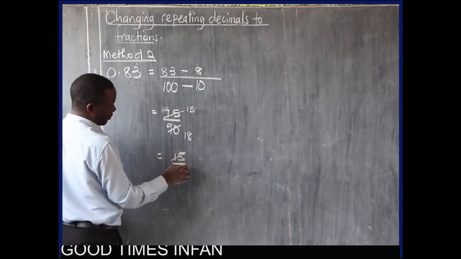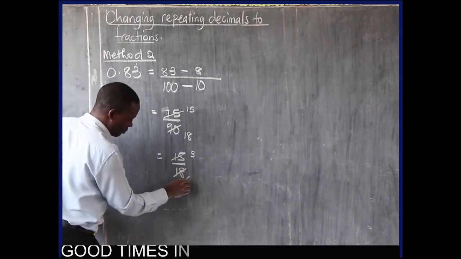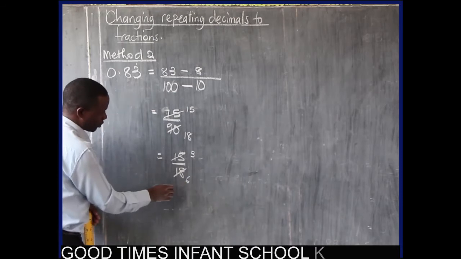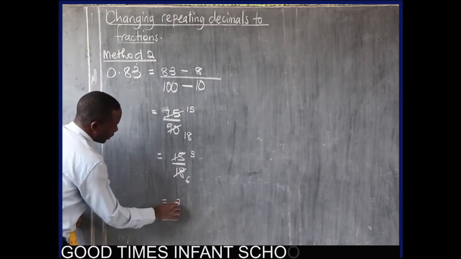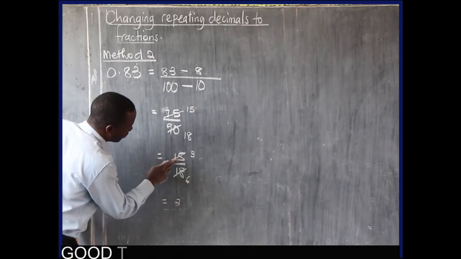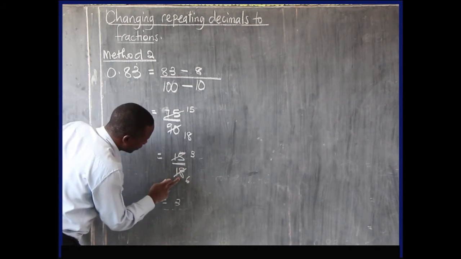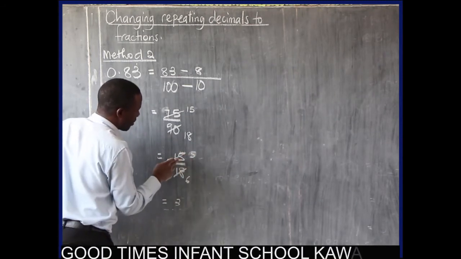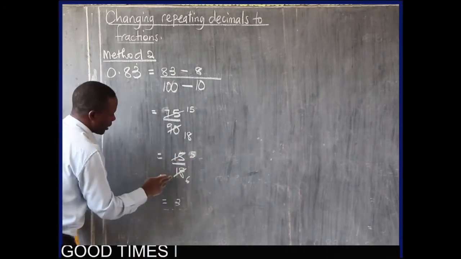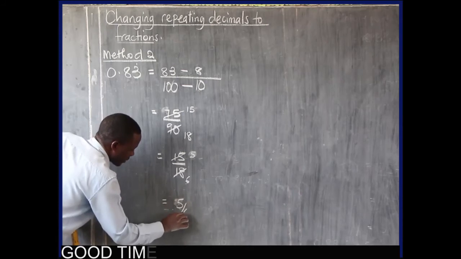Then by 3, 5, and by 3, 6, which will give us 5 out of 6.